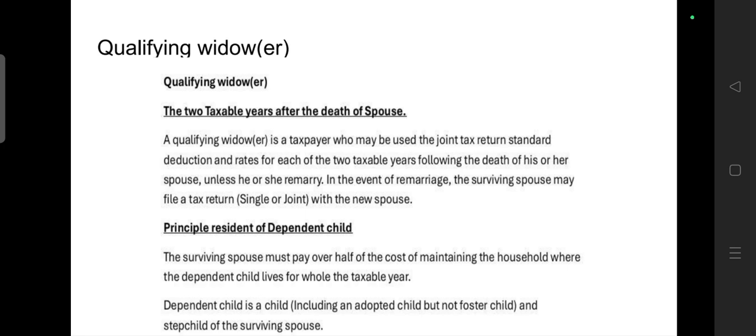The federal government is giving certain consideration, as they need some time to move on. So the government is giving a benefit. When they filed a joint return, what benefit did they obtain?